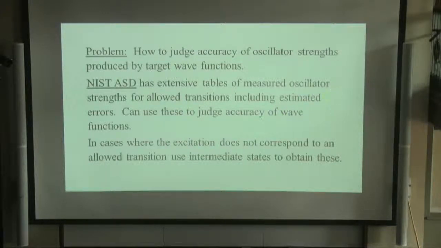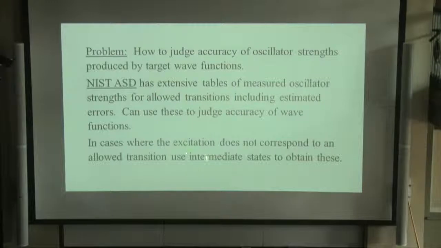But there's a lot of them, because they give oscillator strengths for all transitions, for the fine structure states of the excited states to all of the lower states. So you can look at a lot of these things. It's not a simple average. It's a lot of detail here that you can look at. So that's a good way of doing it, although, as I say, the error limits are fairly large.